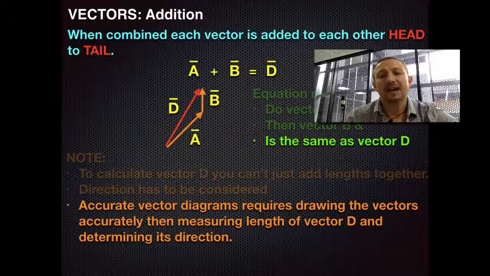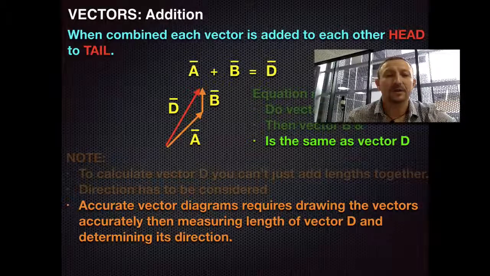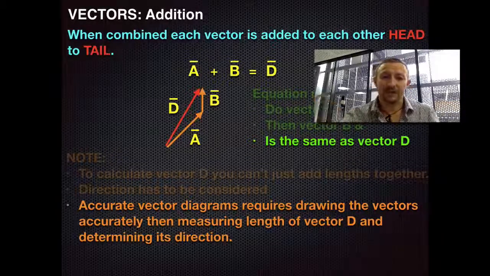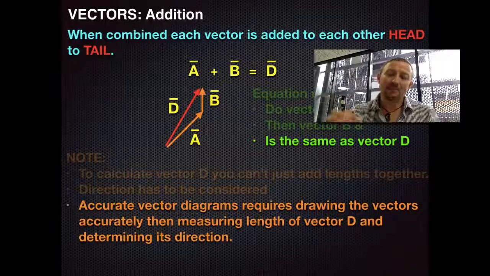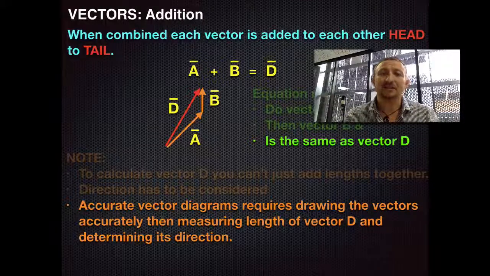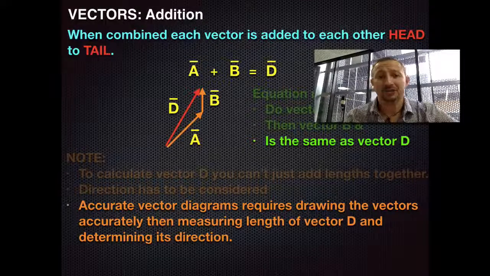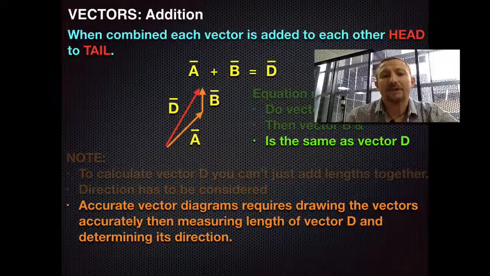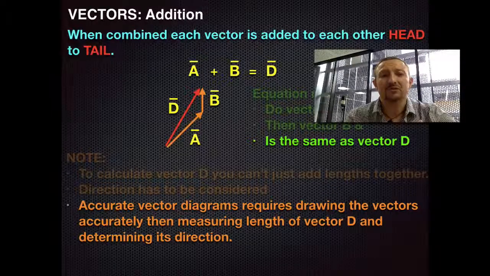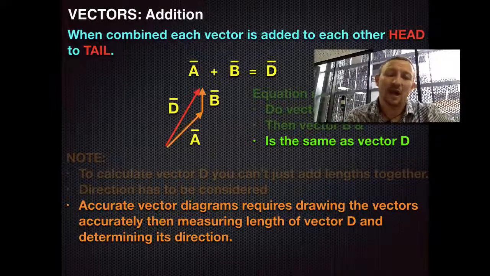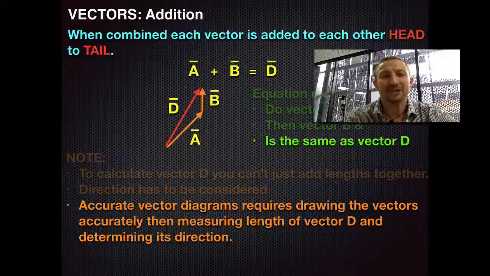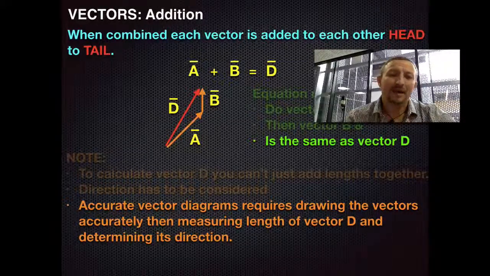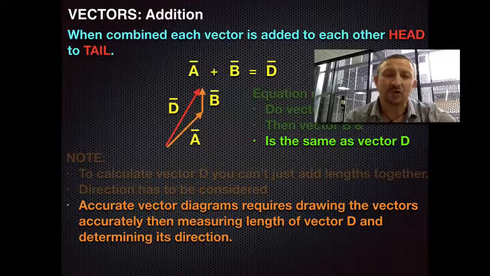Now, we can use accurate vector diagrams by literally drawing the arrows to a scale diagram and then measuring what vector D is and using a protractor to work out the direction. Later on in physics, you will learn how to combine these two vectors A and B together and generate the same vector D, even when they're not producing a right angle triangle.